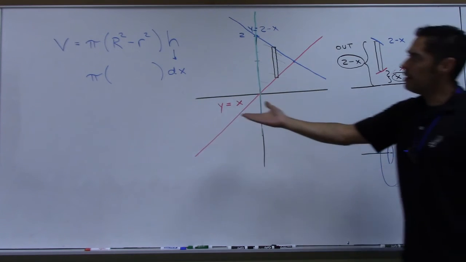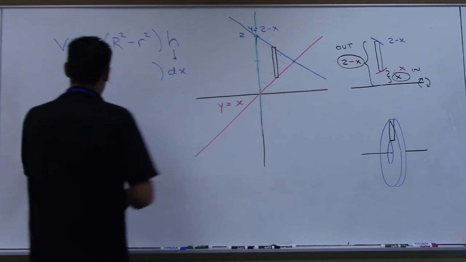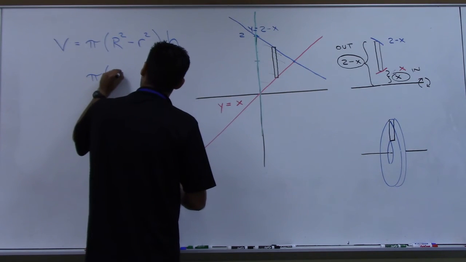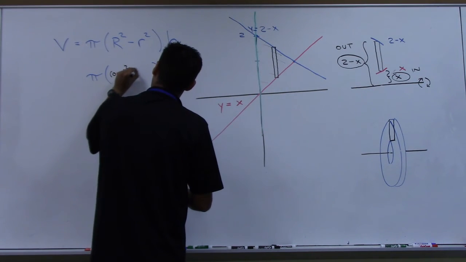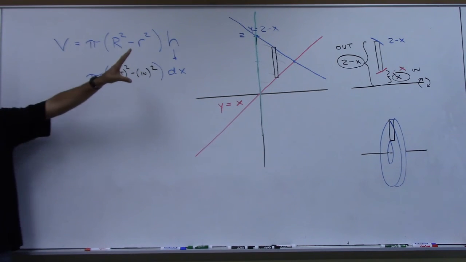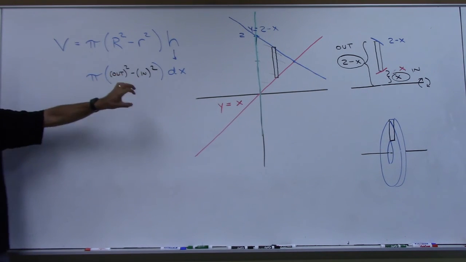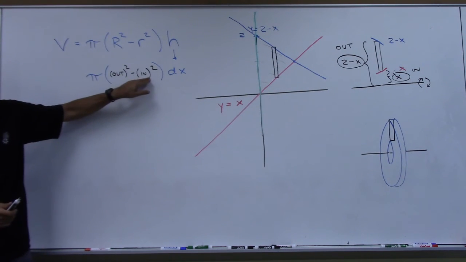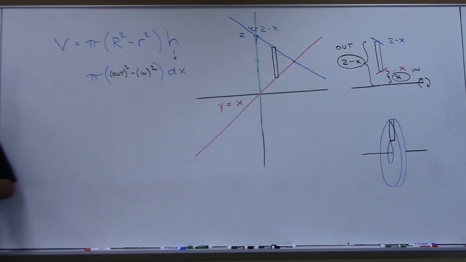So back over here, this formula is going to be the out squared minus the in squared. Capital R is the outer radius, square it. Little r is the inner. Do y'all see the geometry behind this? Do you see the picture where the formula is all coming from?